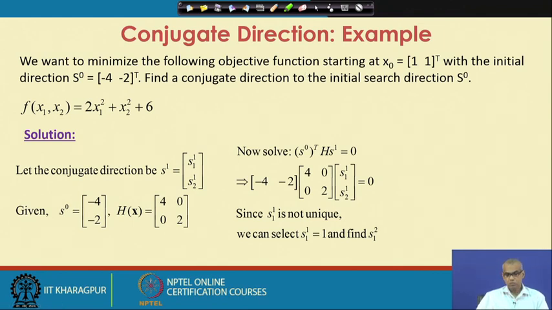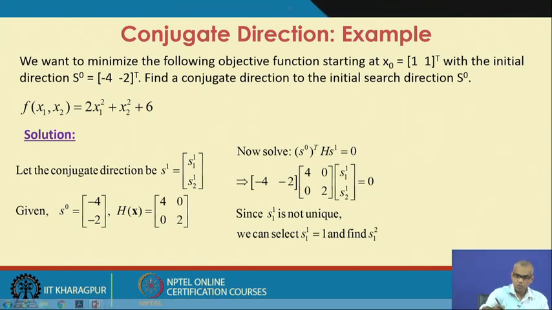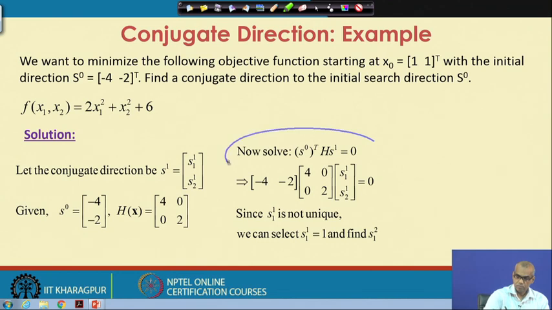Now, to find the conjugate direction S1, we have to solve S0 transpose H S1 equal to 0, because if S0 and S1 are conjugate with respect to the Hessian matrix H, S0 transpose H S1 will be equal to 0.